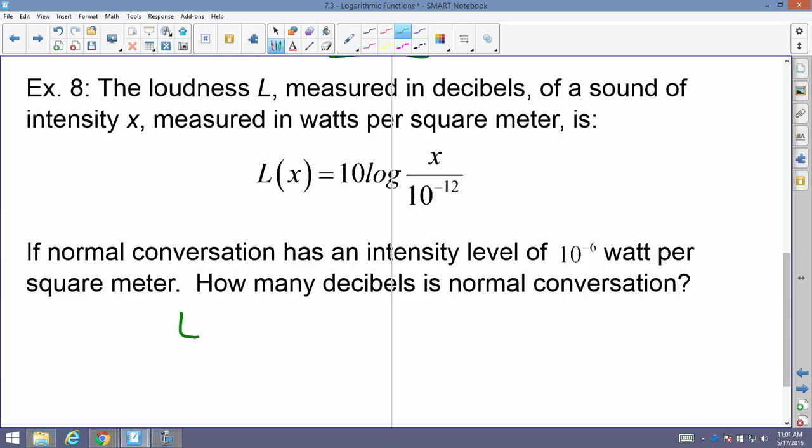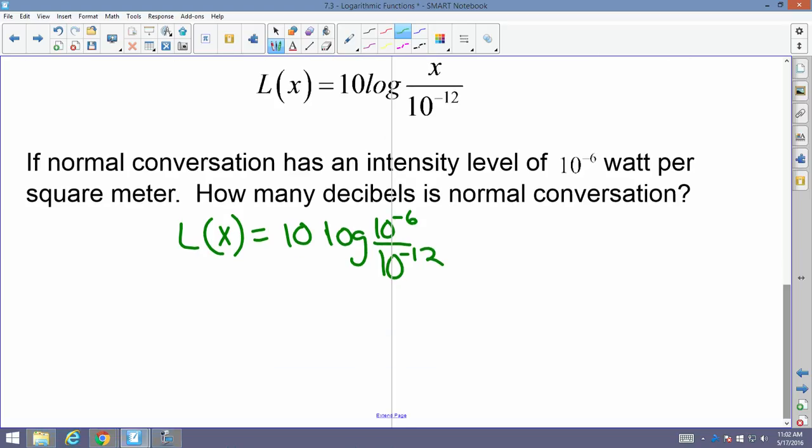So I have L of x, which is the loudness, equals 10 log of my x, in this case 10 to the negative 6, over 10 to the negative 12.